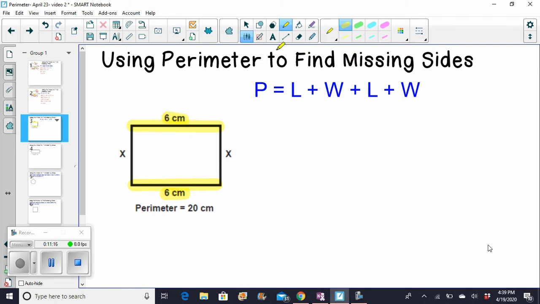Then we go to our left and right sides, and again, by definition, a rectangle's opposite sides are going to be the same measurement. Notice how they both have x. That x tells me that each side is going to be exactly the same.